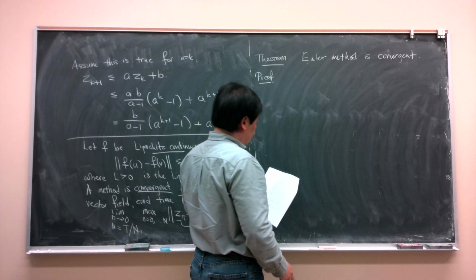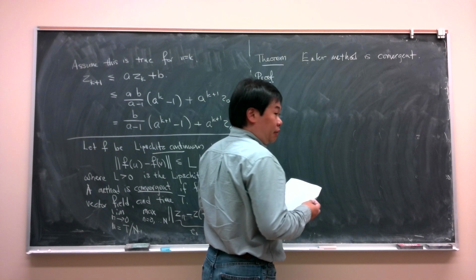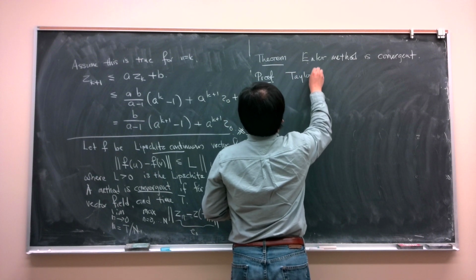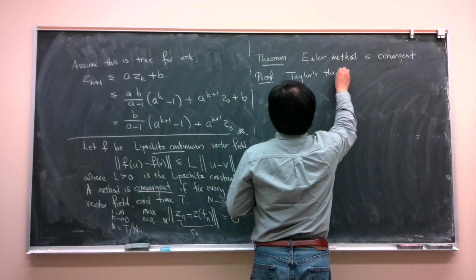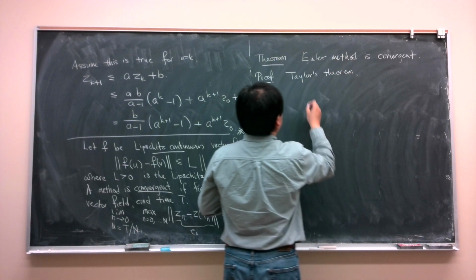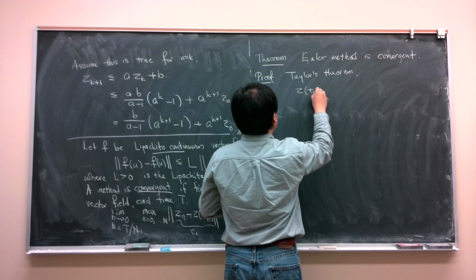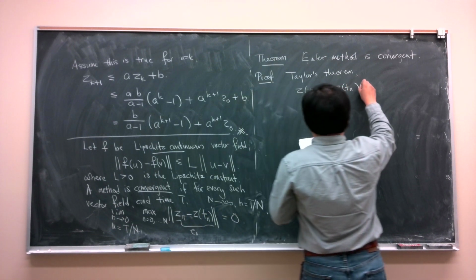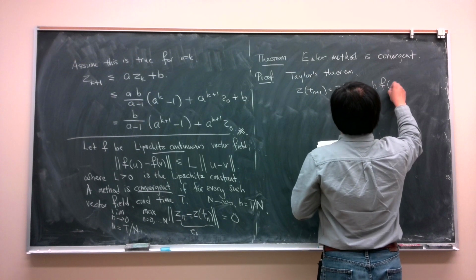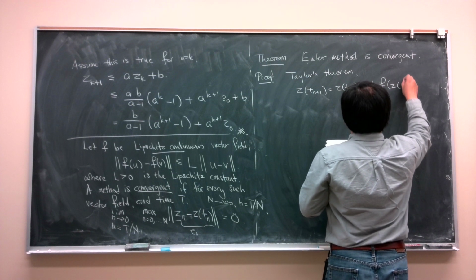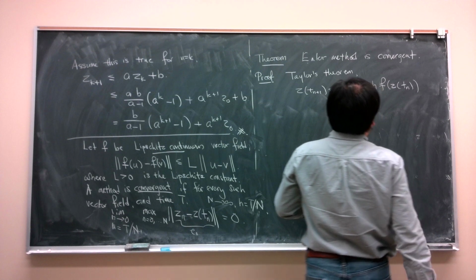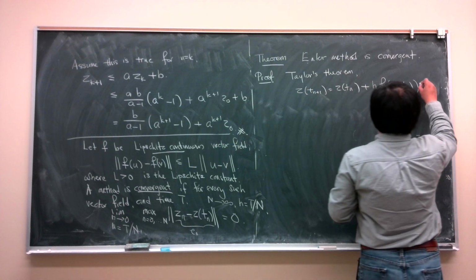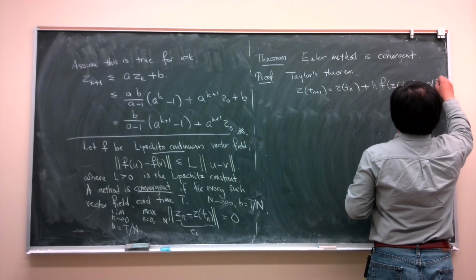All right, so you can apply Taylor's theorem. Taylor's theorem tells you that the solution at the new time is equal to the solution at the old time plus h times f evaluated at the old solution, plus something which is big O of h squared.